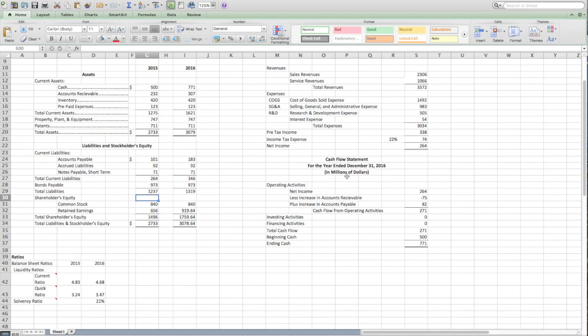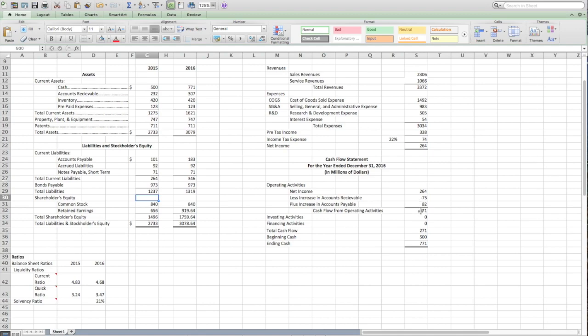Up here, what we're looking for is how much net income the company is making, but also adding back and subtracting all the non-cash items. So what we're really going to look at is the cash flows from operations, where we take the net income and add back or subtract the changes in accounts receivable or depreciation, things that are non-cash.